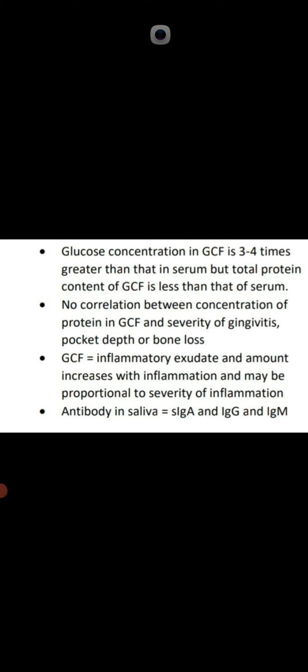Next, GCF is an inflammatory exudate and its amount increases with inflammation and may be proportional to the severity of inflammation. If there is more severe inflammation, there will be more GCF. Next, antibodies in saliva are IgA, IgG and IgM, but the main class is IgA.